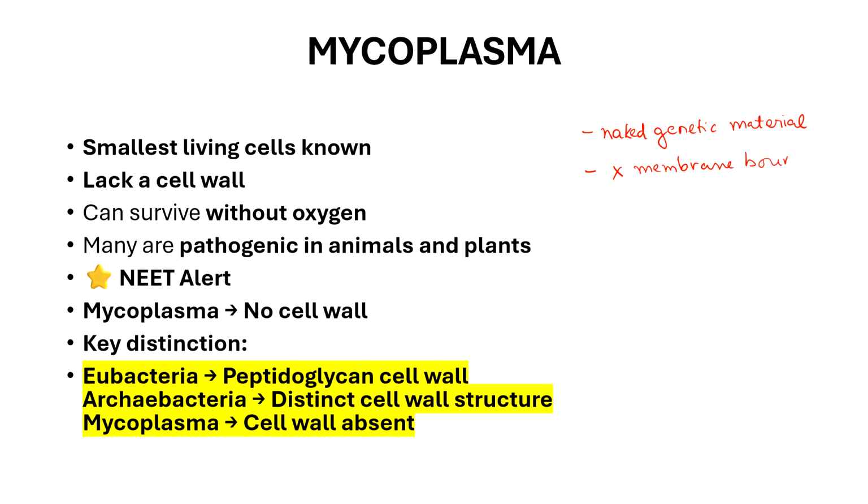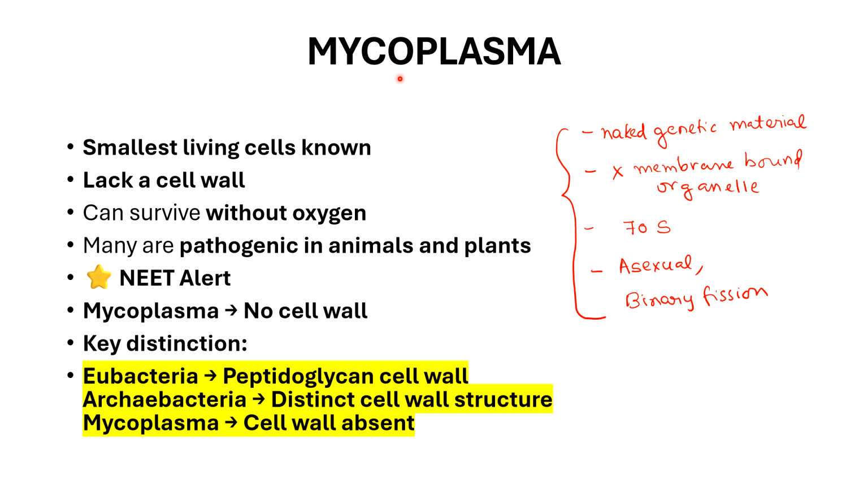Third, the ribosome type is 70S. Fourth, it reproduces asexually by binary fission. So all the points we discussed here are common to bacteria. That is why Mycoplasma is placed under the Kingdom Monera. Is that clear?